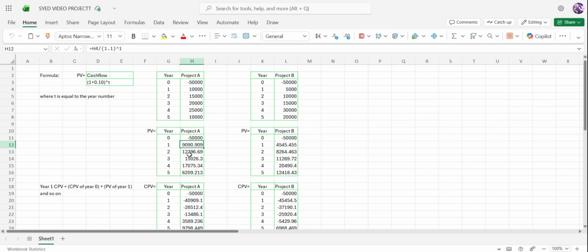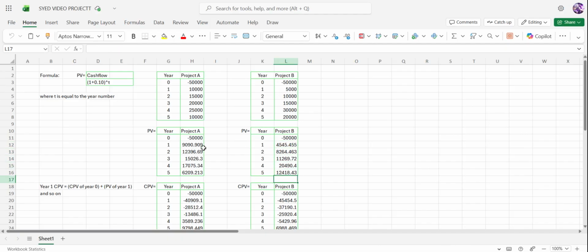So this is what I got. And then for this one, as you can see, the exponent changes to 2 since it's year 2. I did the same thing, and that's the number I ended up with, and so on. Year 3 was that. Year 4, year 5. And for project B, it was this one, this one, this one, this one, and that one.